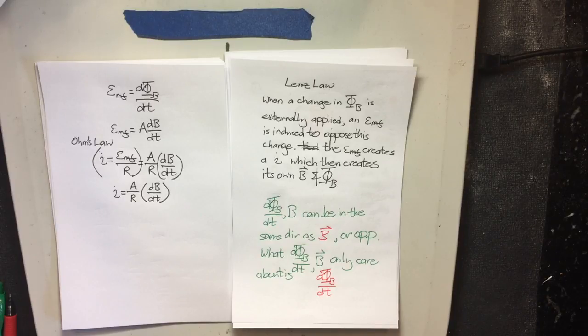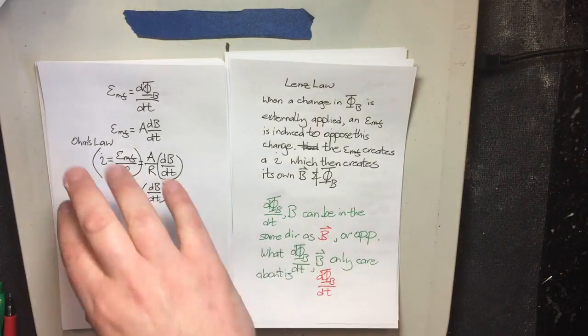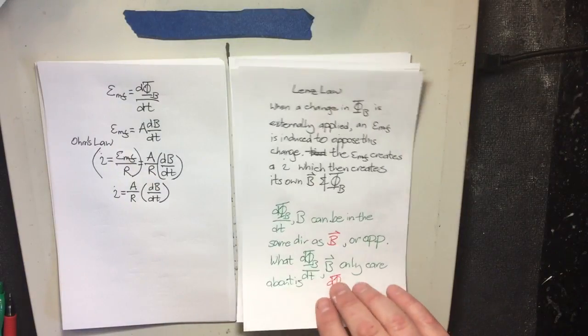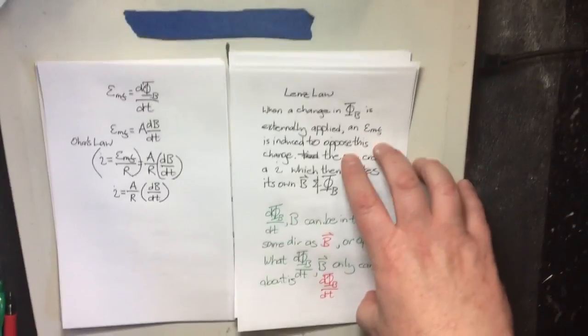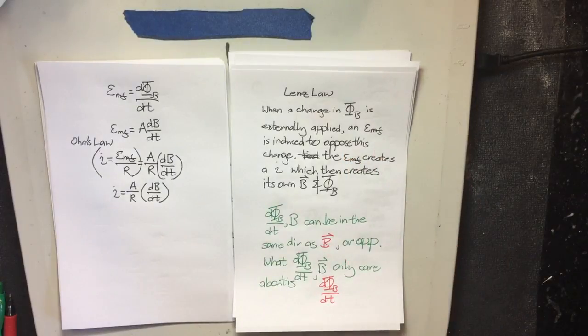The bar one is a little bit more complex. So what I did is I used the simpler problem to explain Lenz's law, because Lenz's law is kind of a weird, loopy conceptual idea.